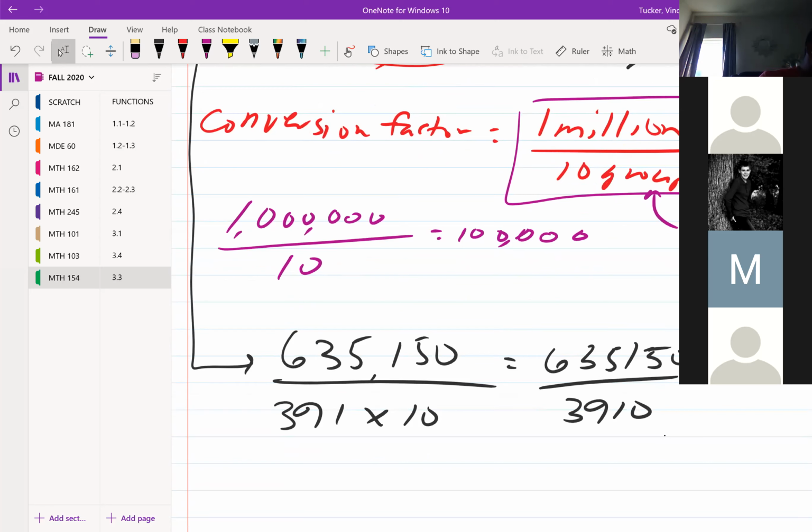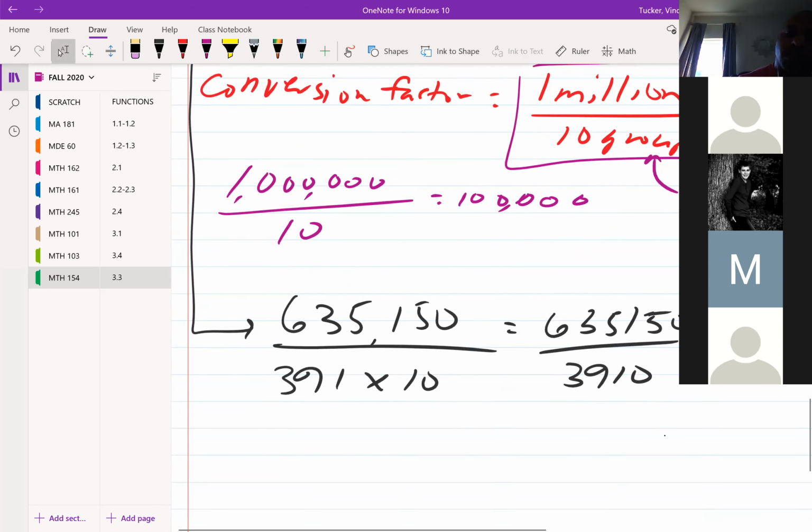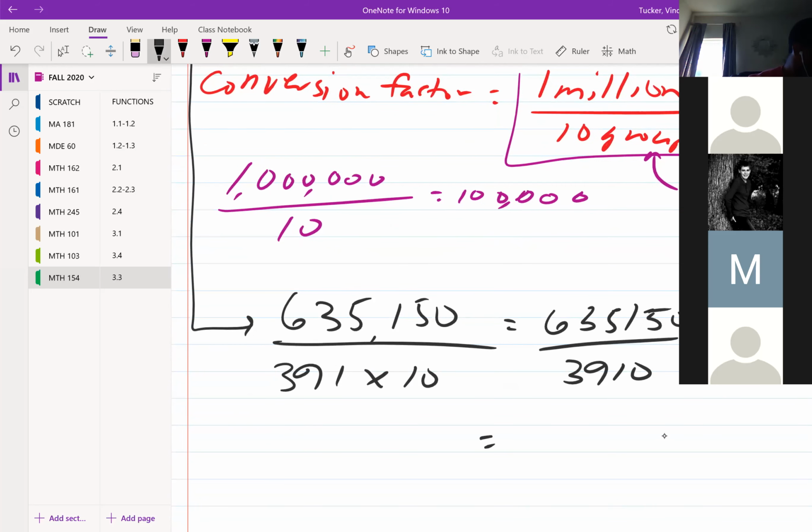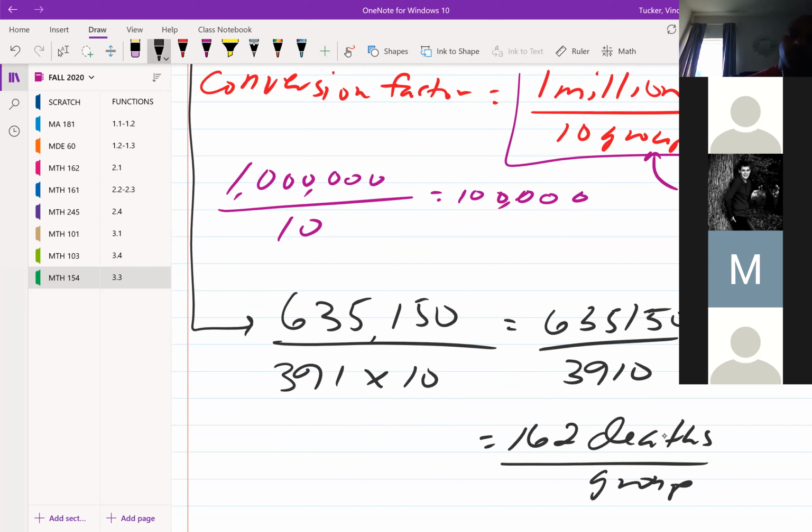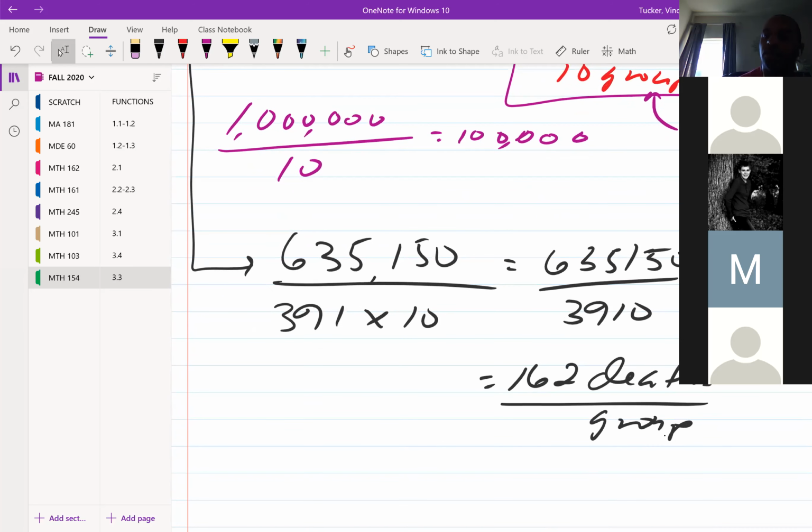So divide that out, should get, all right. So it's 162 deaths per group.